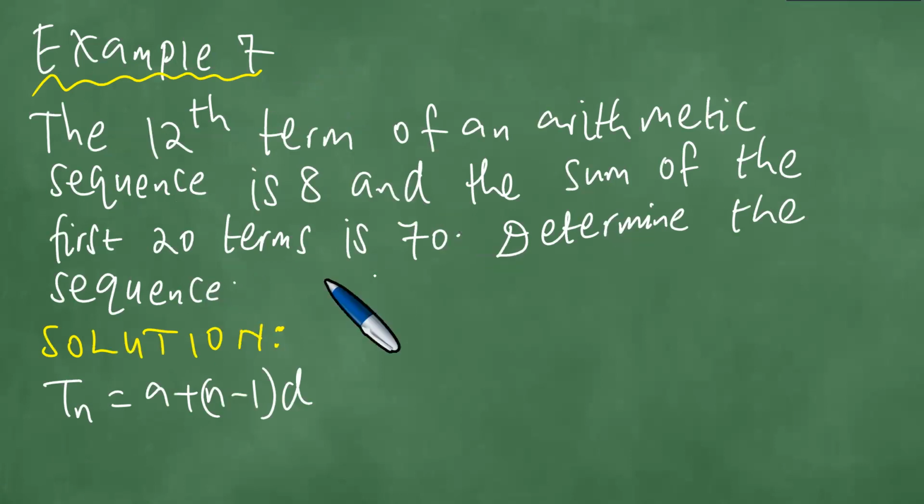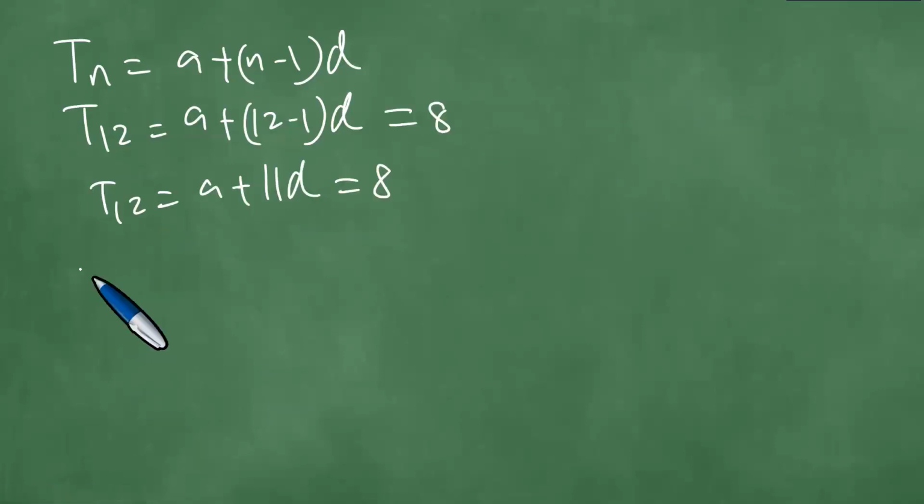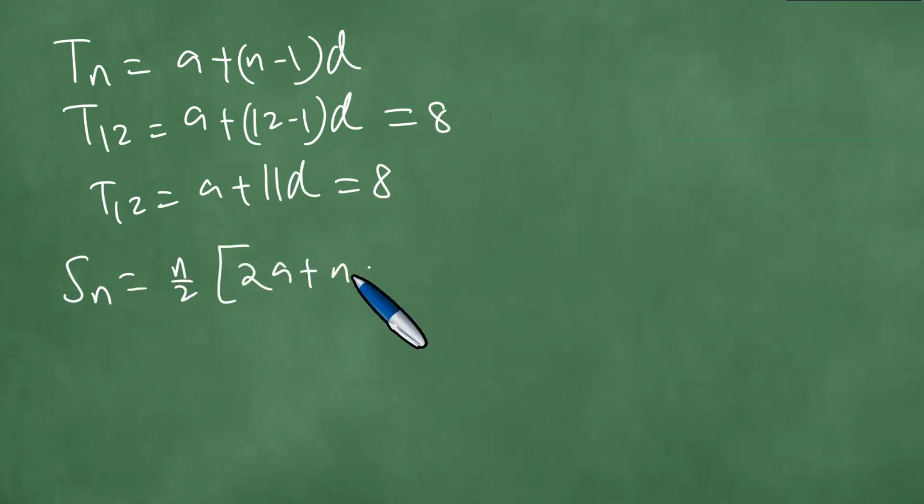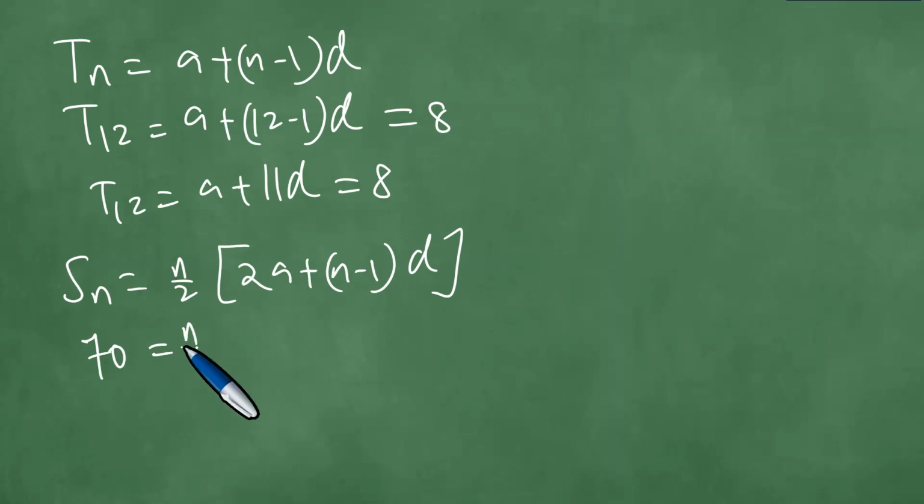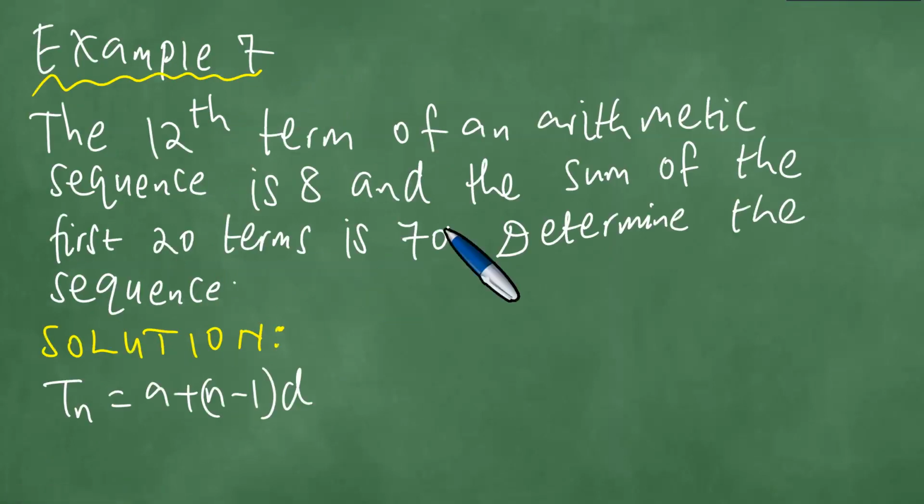And the sum of the first 20 terms is 70. What is the summation? It's n over 2 into this. How many terms are these?